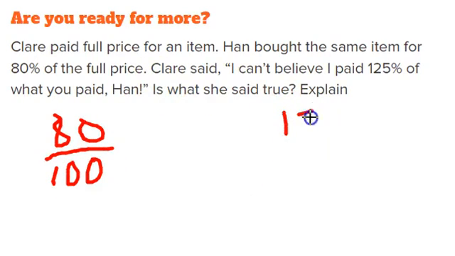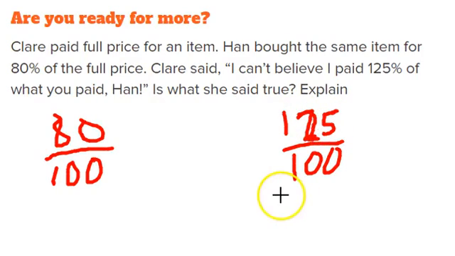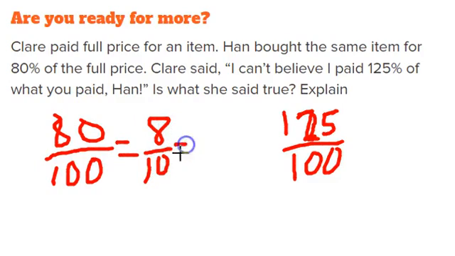Claire said she paid 125% of 100. Well, let's see here. 80%, let's reduce this down, gets us 8/10, and that would make 4/5 the price, right?